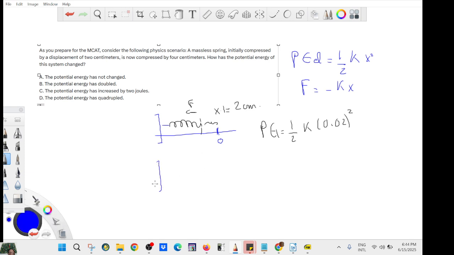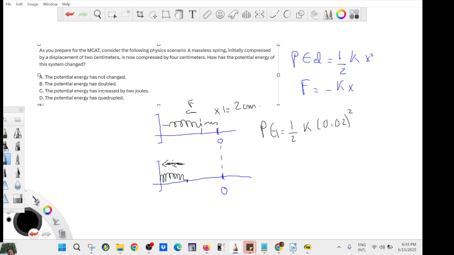And again, you have to stop the video each time. So this is the rest position, and you are compressing even more, twice as much. Okay, compressing even more.